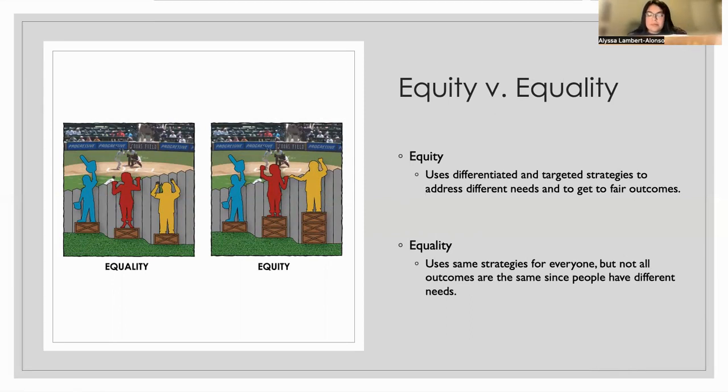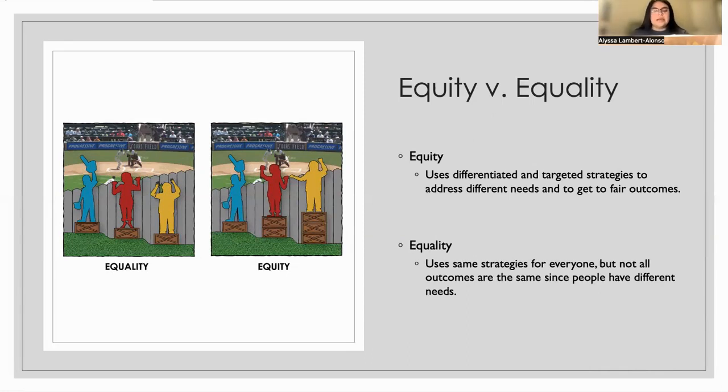So equity does ensure that each individual's well-being is improved, and it focuses on improving marginalized groups and lifting the outcomes for all. And equality kind of ignores the reality of marginalized groups.